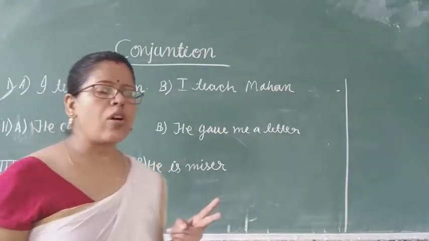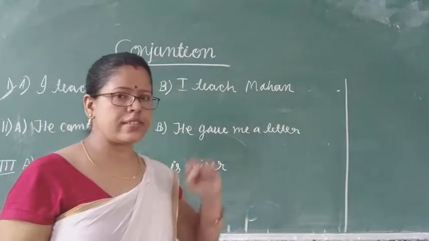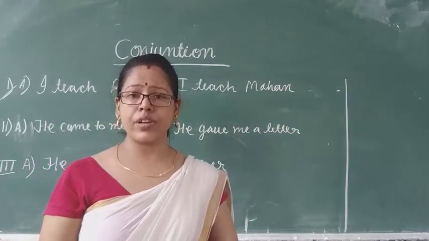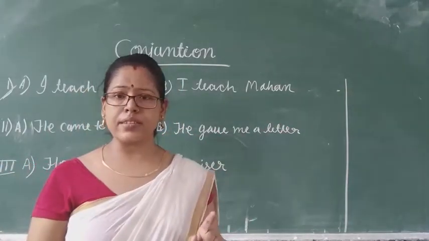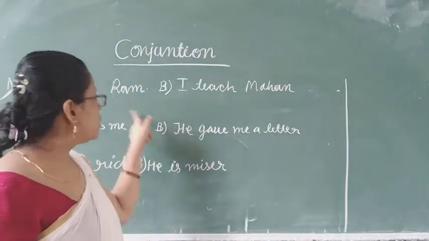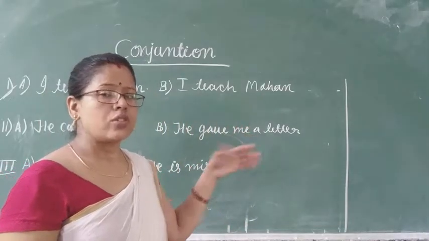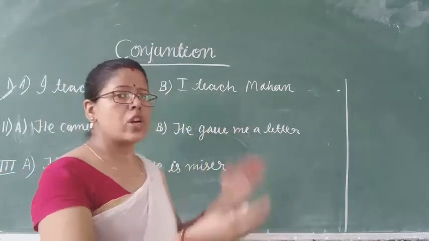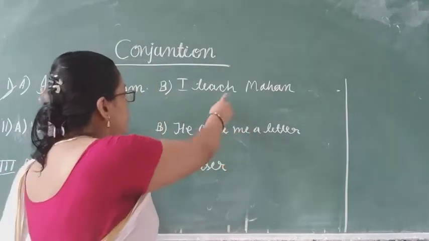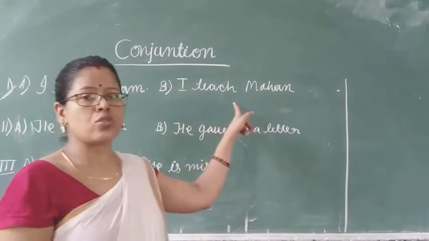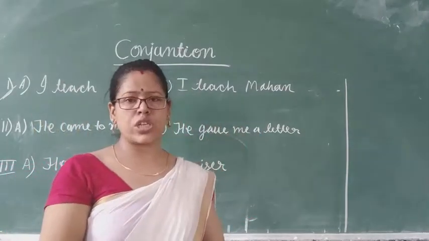So, instead of writing two sentences, what we can write? Can we write one single sentence in place of these two sentences? So, of course, we can join the two sentences, sentence 1 and sentence 2, with the help of the conjunction.